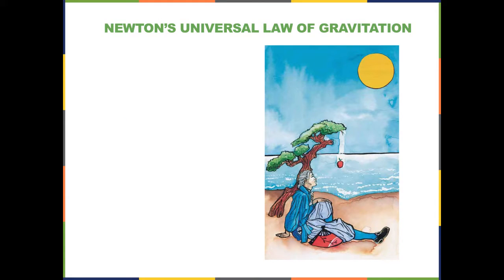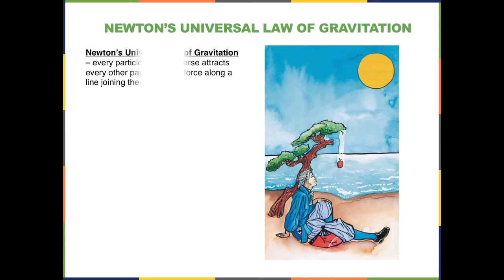Now, let's change gears completely and start talking about some gravitational laws. The first one we'll talk about is the universal law of gravitation that Newton first wrote in the Principia. The universal law of gravitation states that every particle in the universe is attracted to every other particle in the universe with a force that's along a line that connects those two masses.